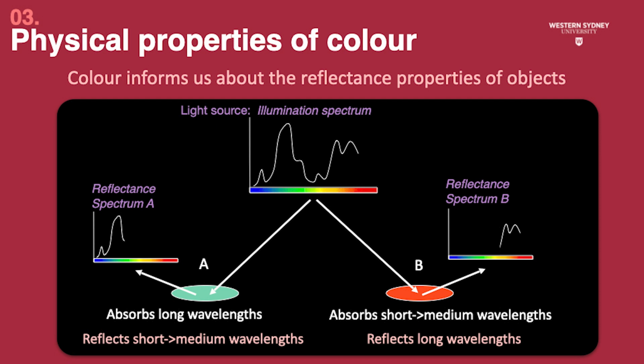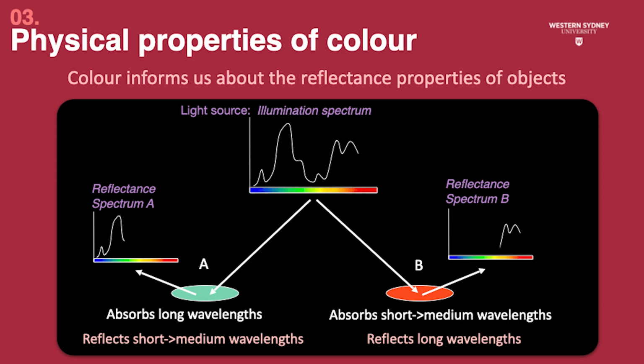As you can see, there is more energy in the short wavelength or bluey-green part of the spectrum, as well as the long wavelength or red-orange part of the spectrum, than there is in the middle or yellow part of the spectrum. The diagram shows this broad spectrum of light falling on two separate objects, labelled A and B. Object A absorbs the longer wavelengths but reflects the shorter wavelengths.